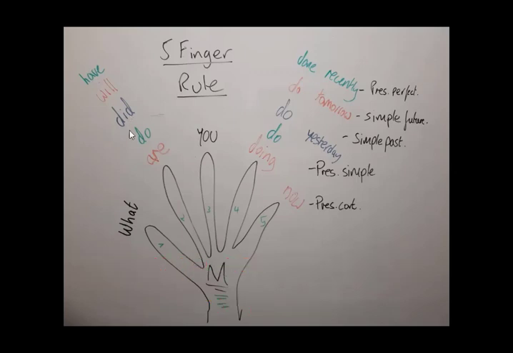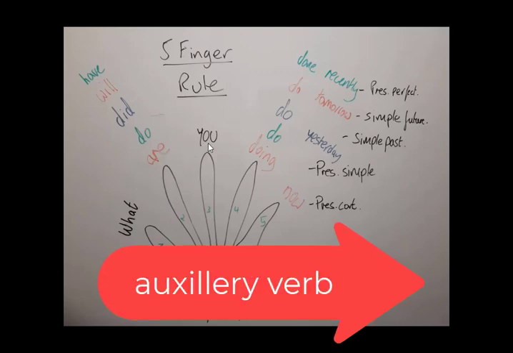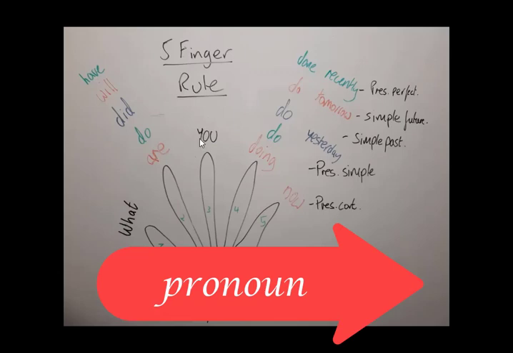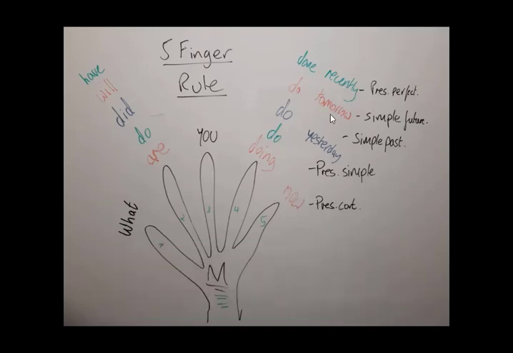Of course the first finger isn't a finger at all, it's the thumb, and when we're asking questions in English we can use the 5 fingers with the question word, with the helping verb, with the person as finger 3, the main verb, and then what I call the rest, which is often maybe a time phrase, as we can see here.